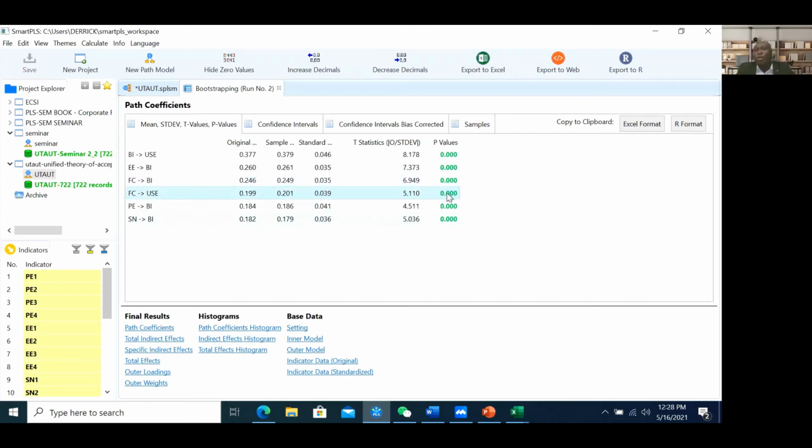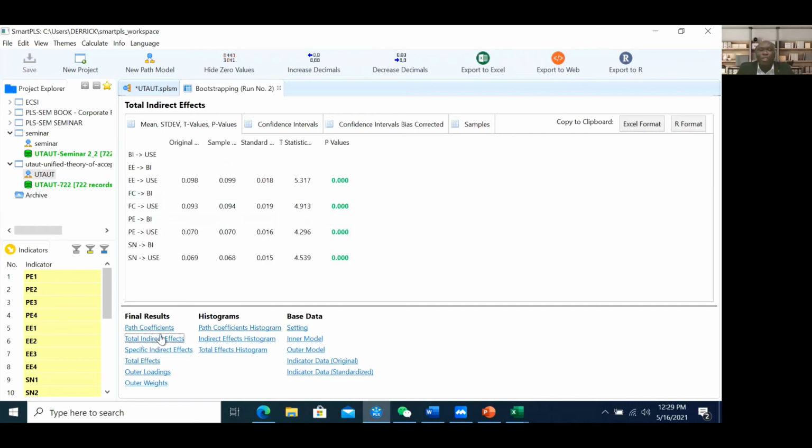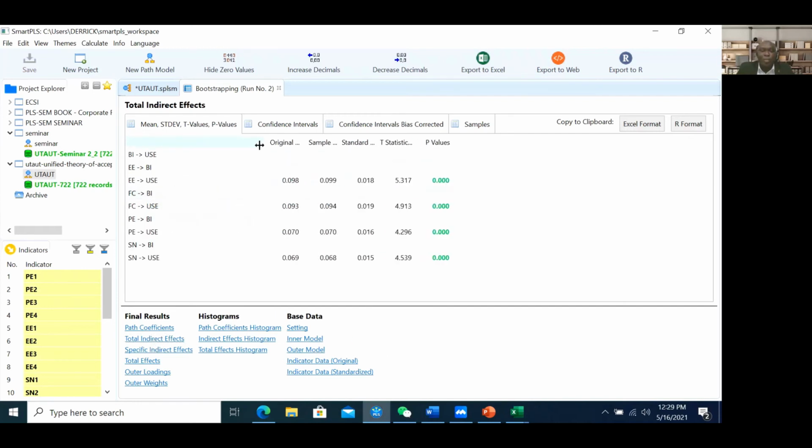Now let's look for the indirect effect. The indirect effect is between FC and use.